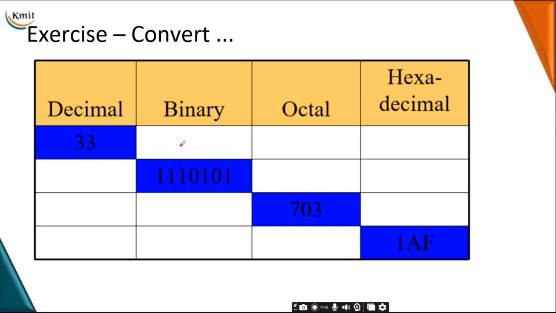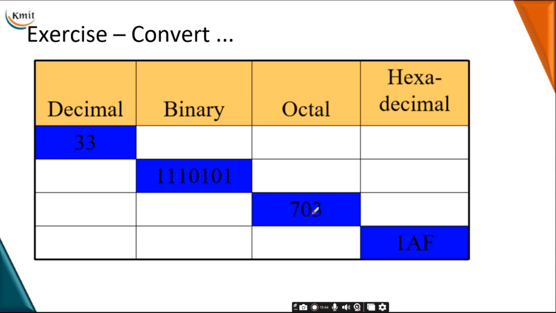Try to calculate the equivalent binary, octal, as well as hexadecimal values. Next, the second is binary with a value of 11100101. For such a binary number, try to find the decimal equivalent, the octal equivalent, and the hexadecimal.